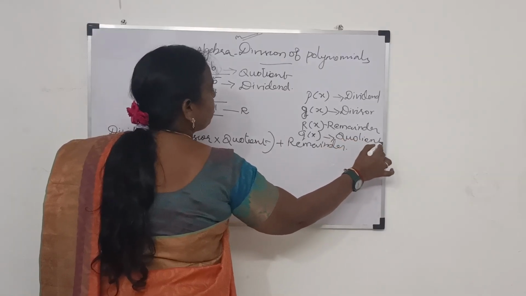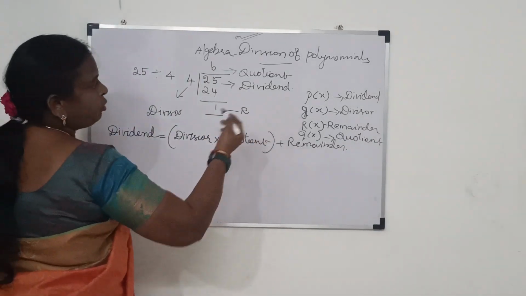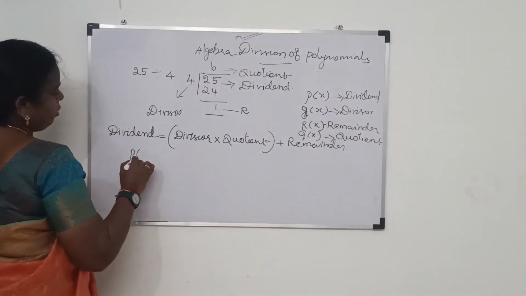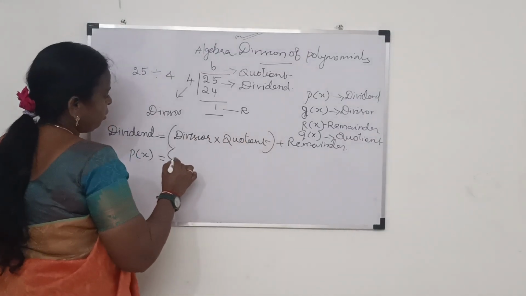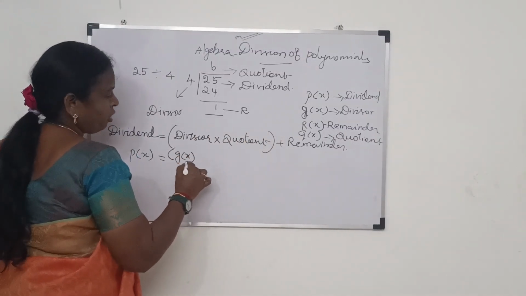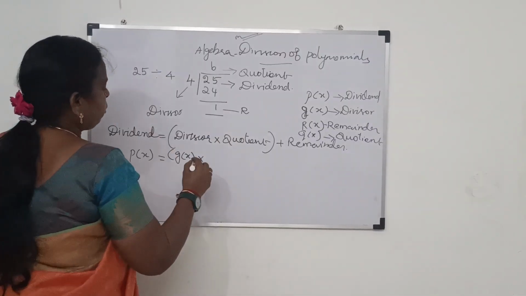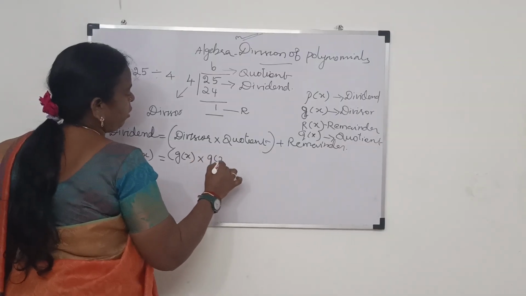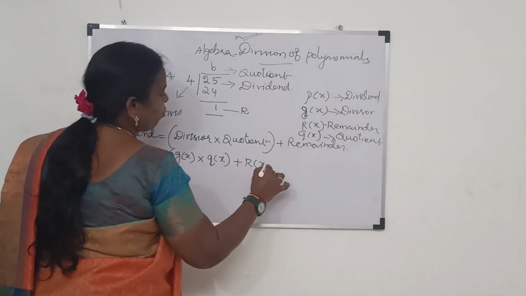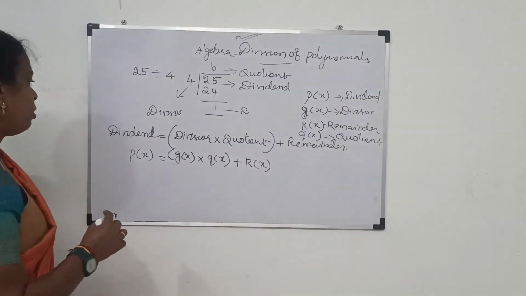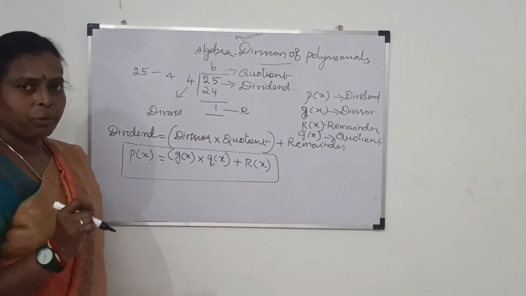When we apply this in the general formula, the dividend is equal to what? P of x, the polynomial, is equal to the divisor g of x into the quotient q of x plus the remainder r of x. So this is the general format to find the quotient and the remainder of polynomials.